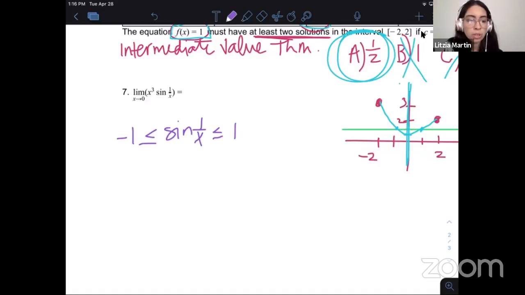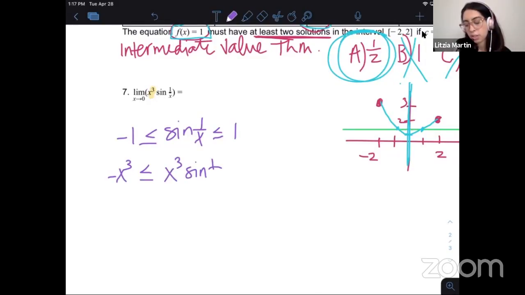And what we want to do next is, in the middle, we already have sine of 1 over x. We need to incorporate that x cubed. So I can go ahead and multiply all the way through by x cubed. So this now becomes -x cubed, sine 1 over x, and x cubed.